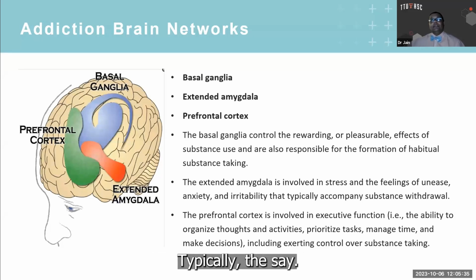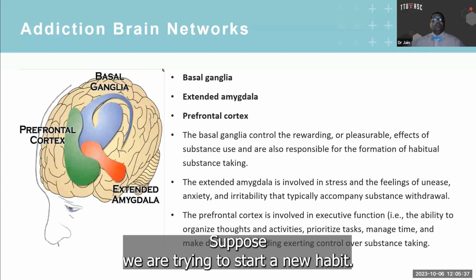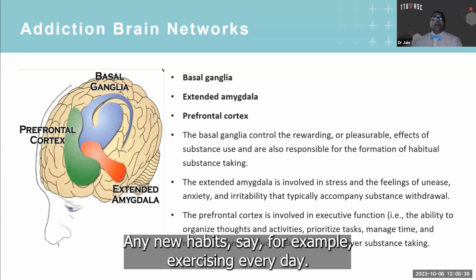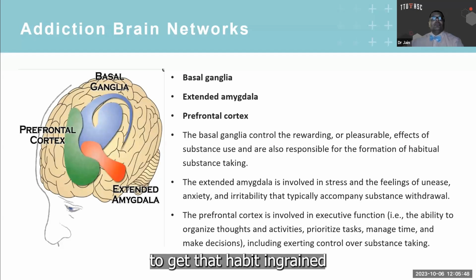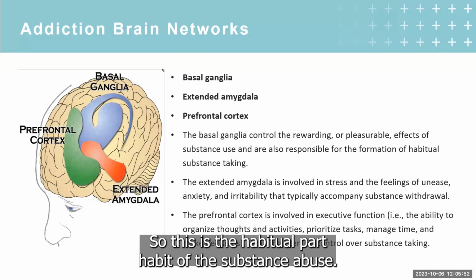Typically, if we are trying to start a new habit, for example exercising every day, it usually takes about 120 days, or 3 to 4 months, to get that habit ingrained. So this is the habit of substance abuse.